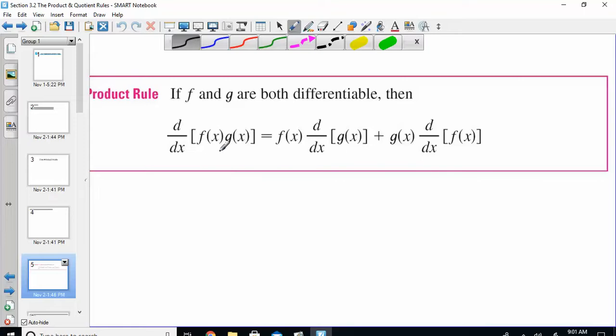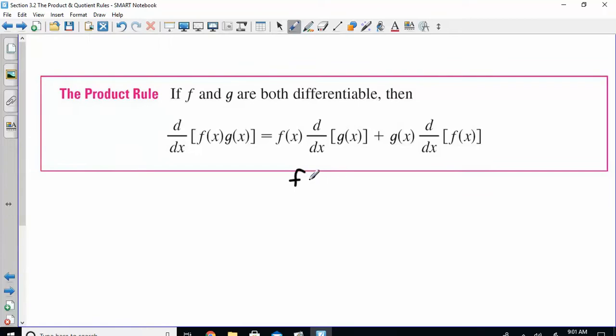If you have the derivative of two things being multiplied together, essentially what we will do is one derivative at a time. Okay, an easier way of seeing it would be f times g prime plus f prime times g. So we will do the derivative of one piece and the other one doesn't change, and then we will add them together.